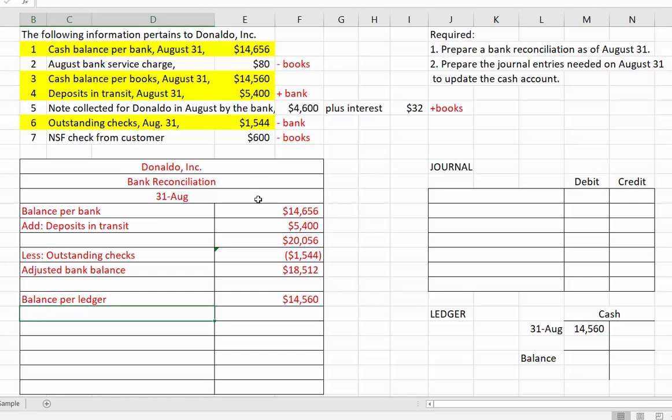Okay, now what did we say we were going to add to our books? The note. Okay, so add note. And let's add the note plus the interest, right? The 4,600 plus the 32. Again, we'll get a little subtotal.